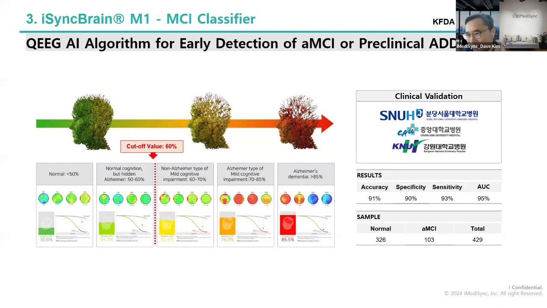Currently, there is a mixture of patterns combined together in the AI model, so it is not easy to give you a simple explanation, like between 60 to 70 this pattern dominates, or between 70 to 85 this pattern dominates. It is not so simple. So it is very difficult for me to give the score-related brain pattern.